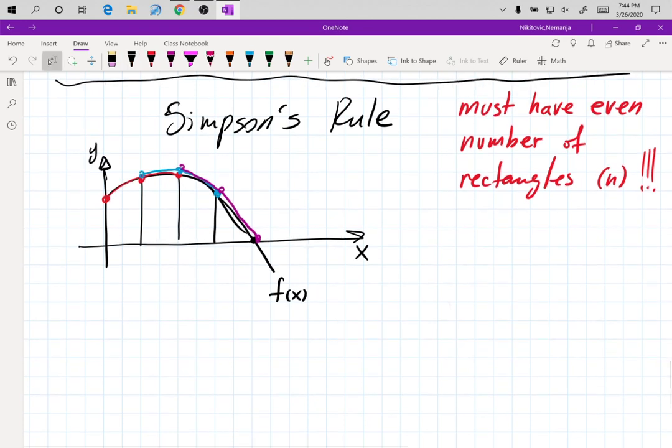So when you run through calculations and derivations, you are going to get that area is approximated by the Simpson's rule. Oops, approximated is a squiggle equal. There we go.